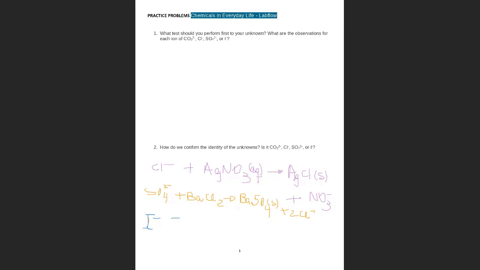If you add silver nitrate, instead of having this solid that is white, you are going to have also a solid, but it's a pale yellow precipitate, has a different color. So you identify the iodine.